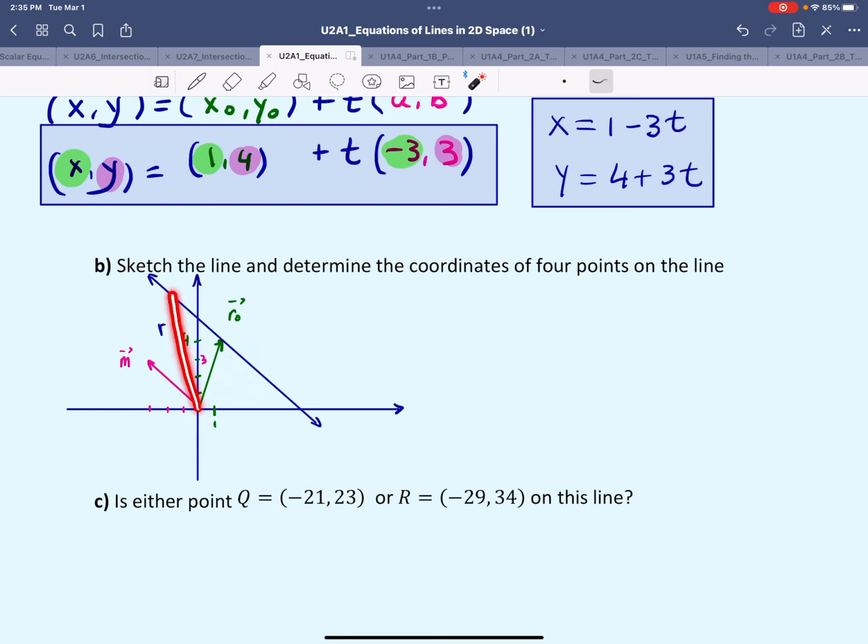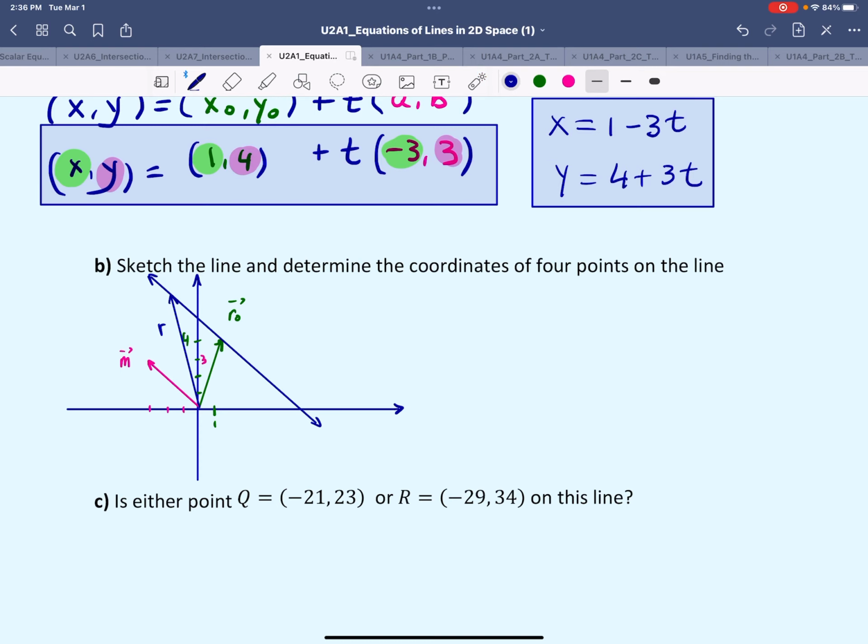What all these vectors r will have in common is that they are written as the sum of vector r0 with coordinates (x0, y0) and this vector here, which is always going to be parallel to the direction vector, which means that it will always be a scalar multiple of the direction vector. So if we chose r to be, for example, right here, then it will be r0 plus this vector right here, which is a scalar multiple of the direction vector m.